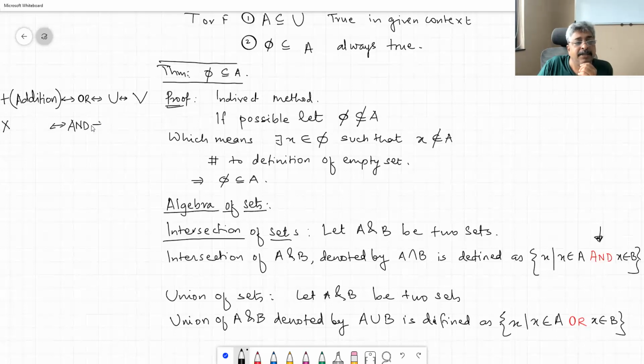It's same as intersection in set theory. It's same as the logical and, which we will use. So there is a similarity in this, so it is easy to remember. And the way I remember is this: and is of course multiplication, and all these three look alike, upside down. Important.